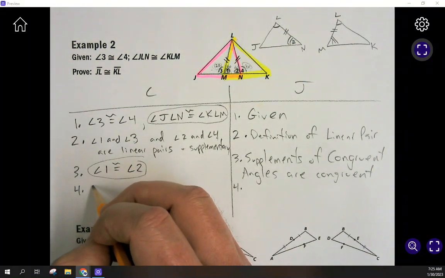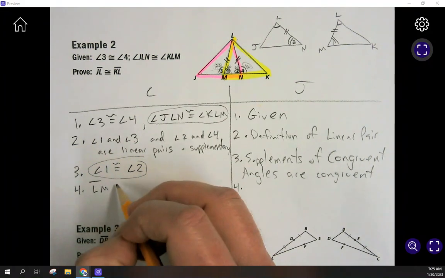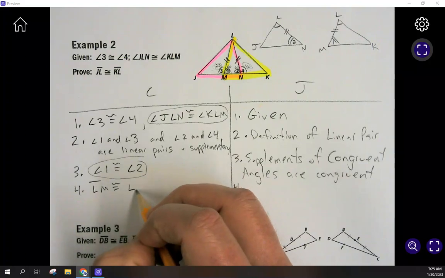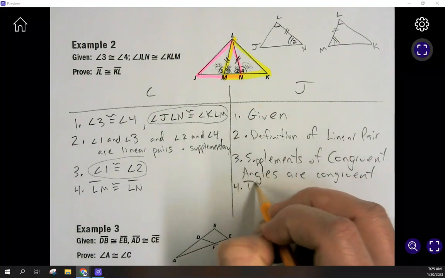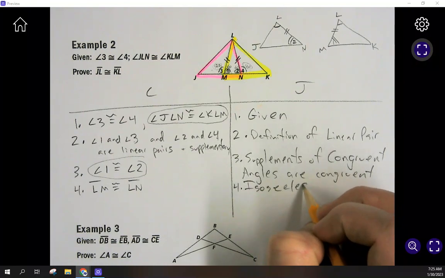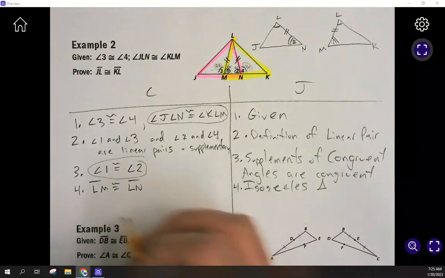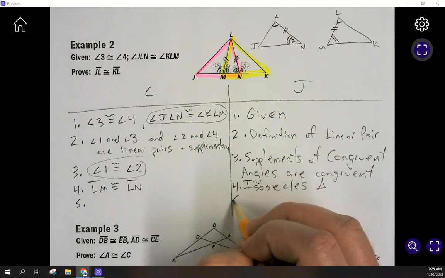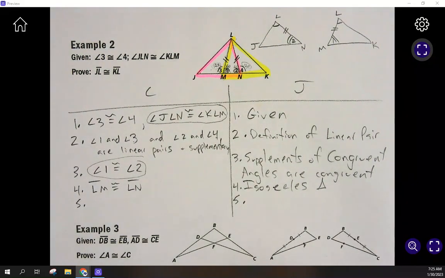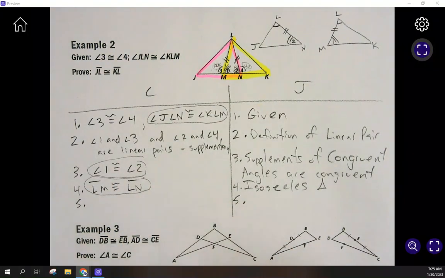Okay, so now we have LM congruent to LN. We know that because it's an isosceles triangle. I always mess up that word. Okay, and now I have enough information to prove the triangles are congruent.